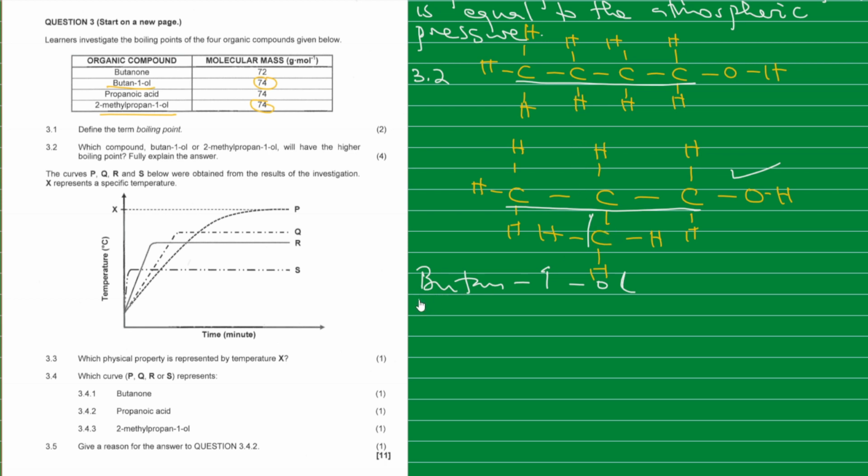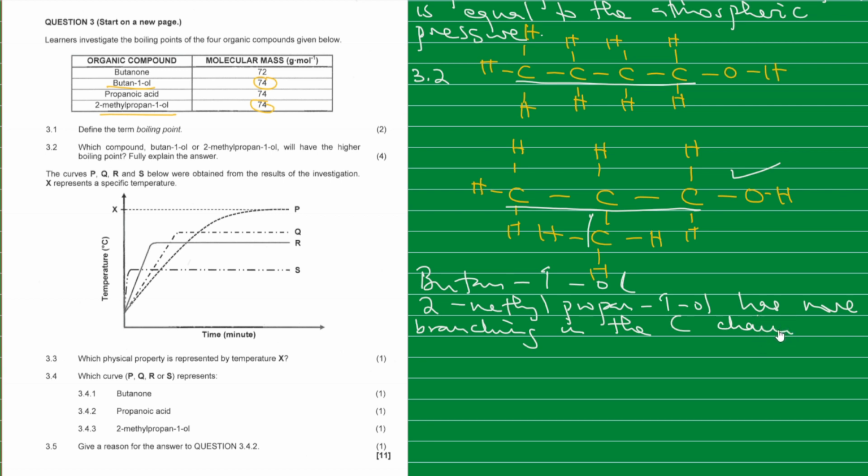So I will say that 2-methylpropan-1-ol has more branching in the carbon chain.